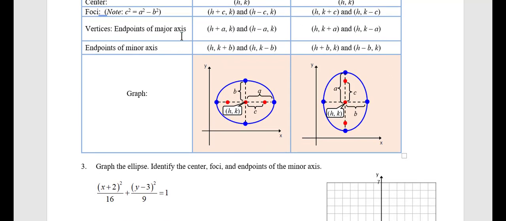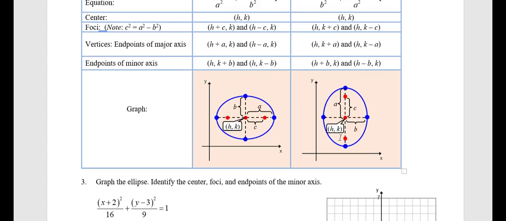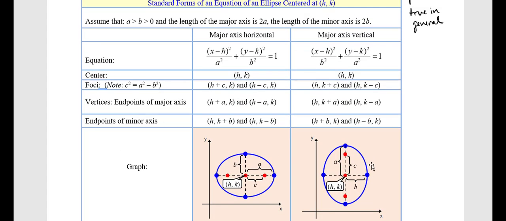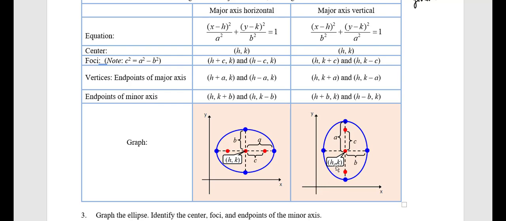And same with the endpoints of the vertices and all that, right? So our new picture kind of looks like this. All the a, b, and c values are still all accurate relative to distances from the center, right? Distances measured from the center. It's just our center's moved around, and that really doesn't make it that much more difficult to express in an equation or to find the center, foci, vertices, all that for.